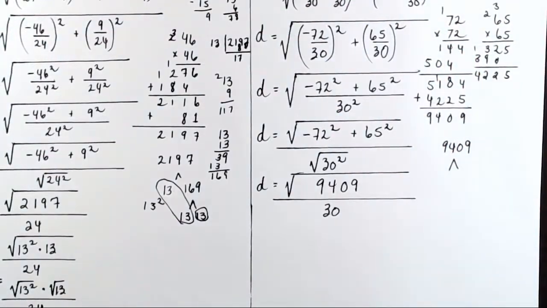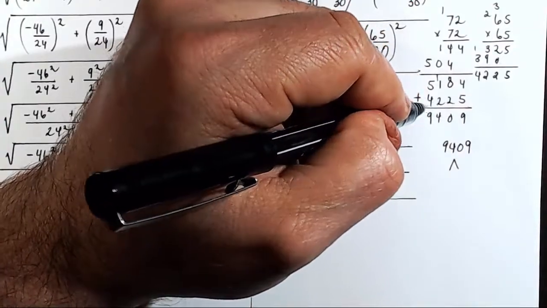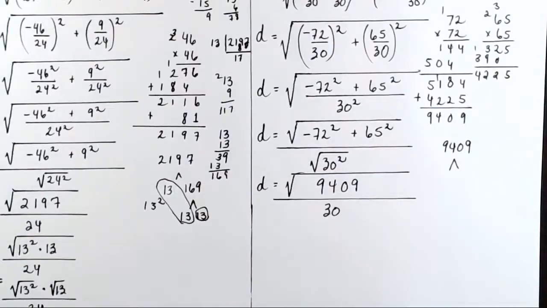Let's make sure I added right. 9409. It's got a factor. What could it be?